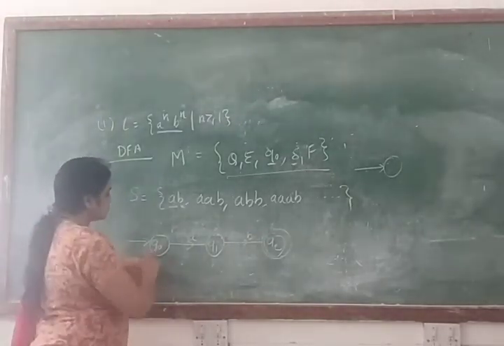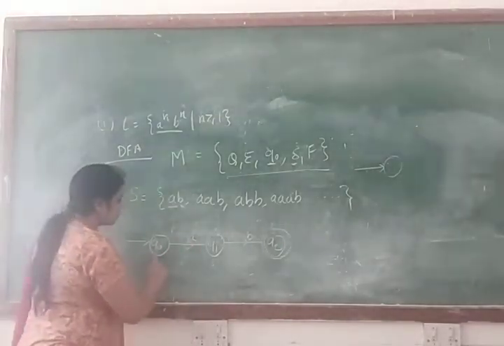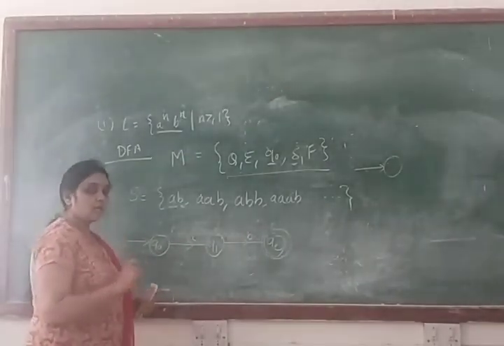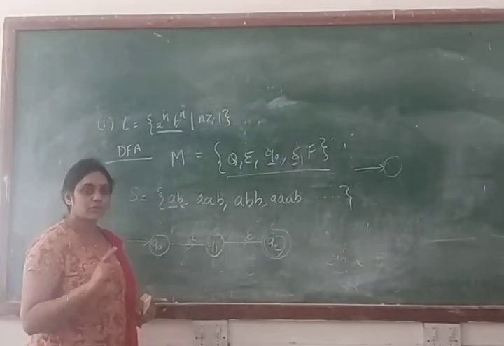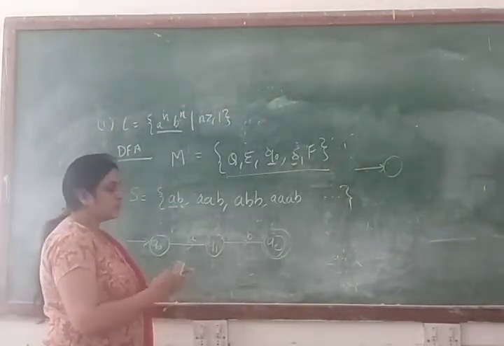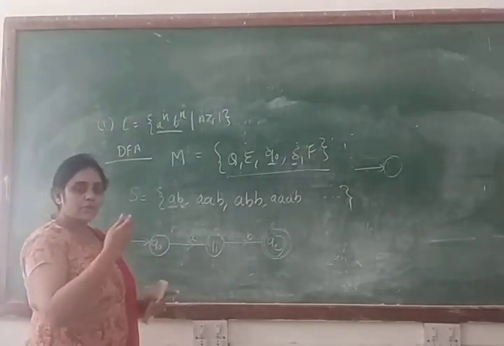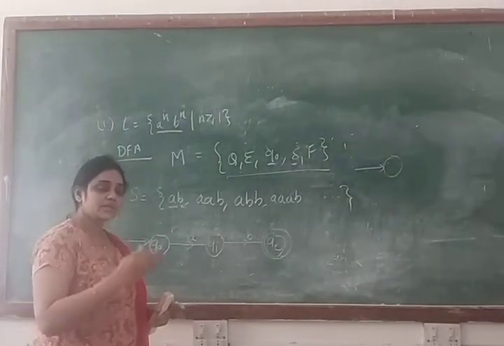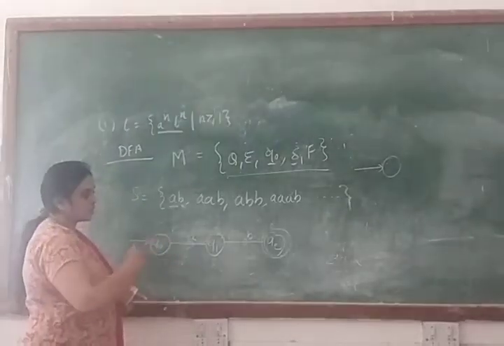Now we will check the state Q0. Q0 has a transition for input symbol A from Q0 to Q1, but it doesn't have a transition for input symbol B. So we will make the transition for input symbol B, but at the same time we will check that it is valid. When you make a transition from one state to another, it should be valid.